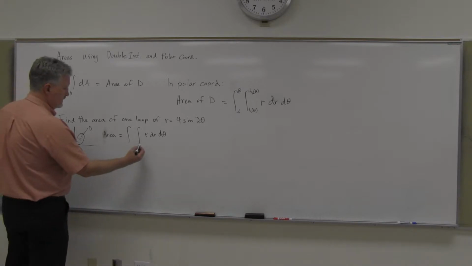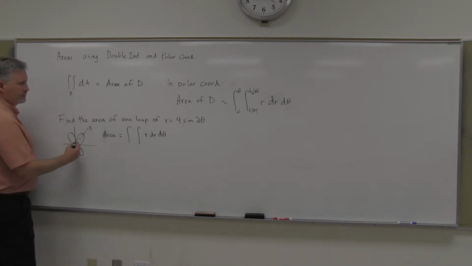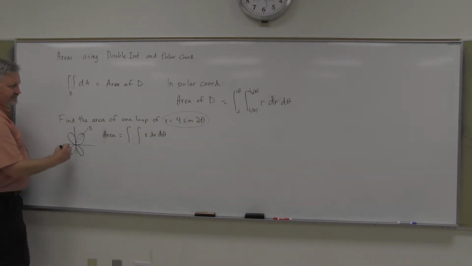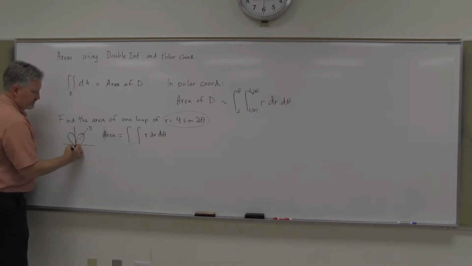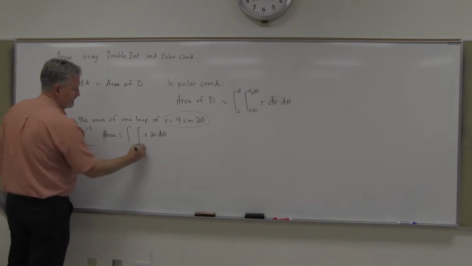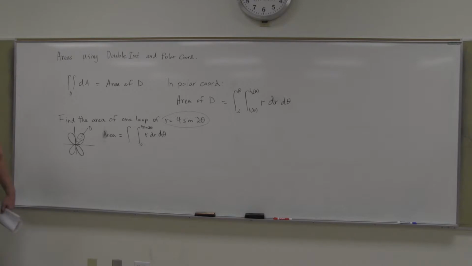So we start with the r's. What's our lower limit? Well, r just starts at the origin, so r is 0, and then goes out to the curve. That's pretty easy: 0 to 4 sine 2 theta is what the r's limits are.